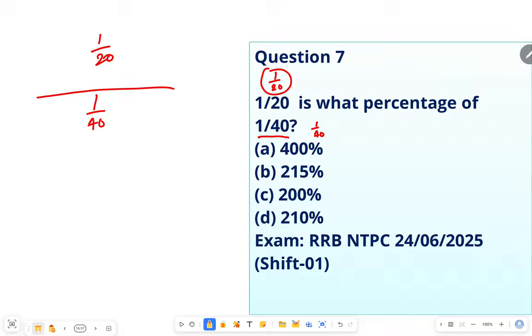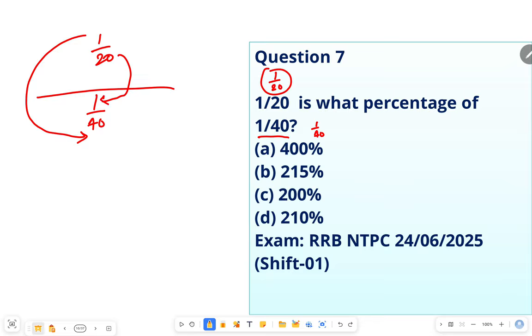So whenever you see numbers written in this form, the first number will be multiplied with the last number, and the second number will be multiplied with the third number, right?